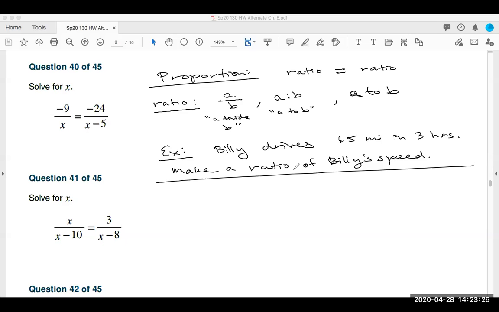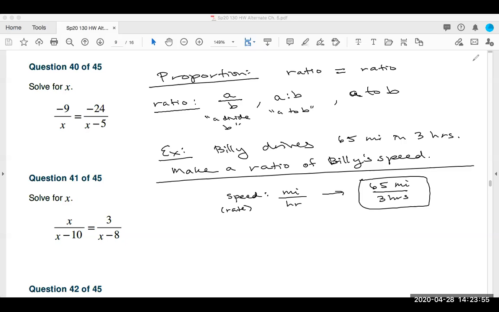So for this one, essentially your ratio, you'd have miles per hour for his speed. Remember, speed's a rate. So 65 miles per 3 hours would be his speed ratio. Okay.